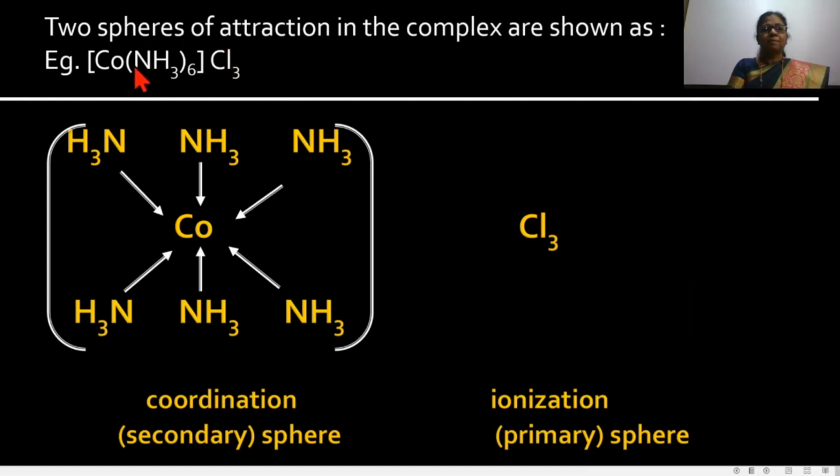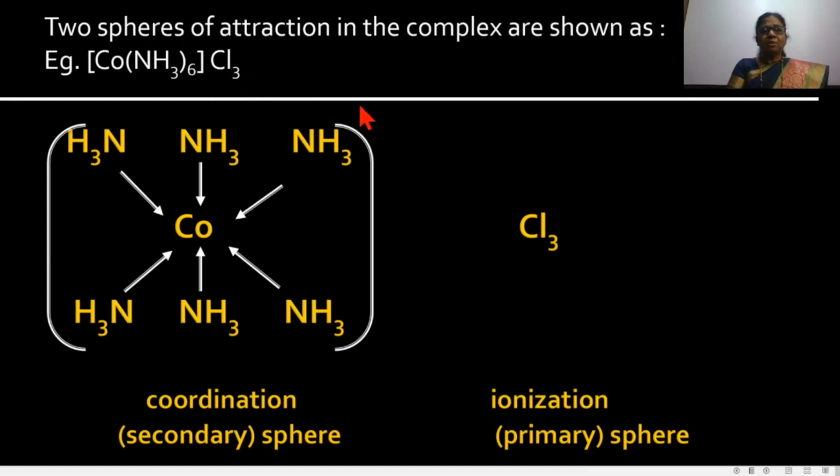When this compound is treated with silver nitrate, it gives 3 molecules of silver chloride, because there are 3 chloride ions which react with AgNO3, since the primary valencies are ionizable.